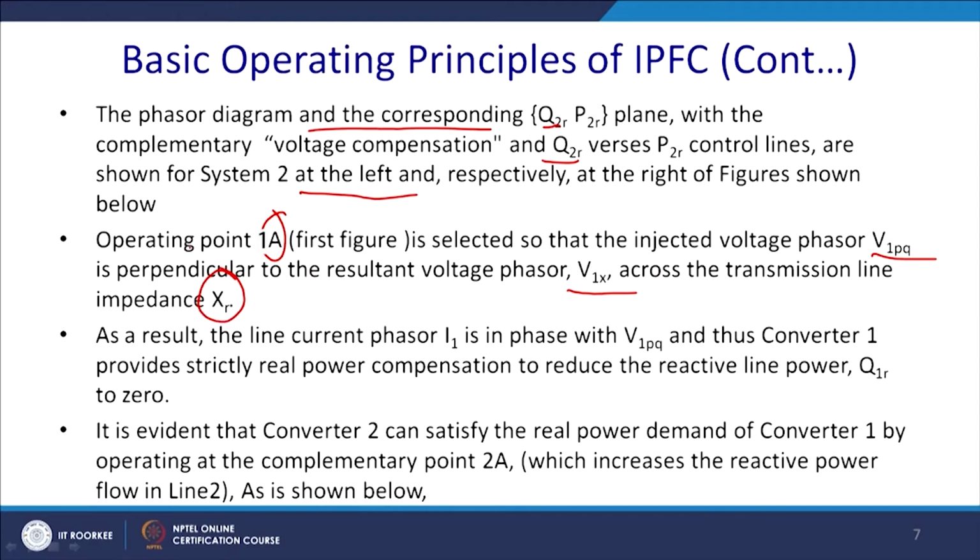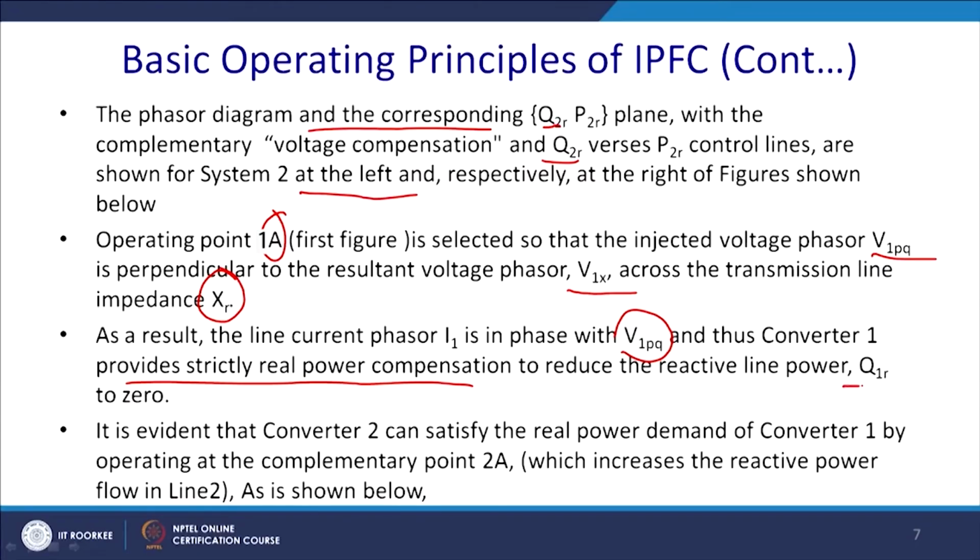As a result, the line current phasor I1 is in phase with the V1 PQ, and thus converter 1 provides strictly the real power. Please note that to provide strictly real power compensation, we reduce the reactive power of line Q1 to 0.